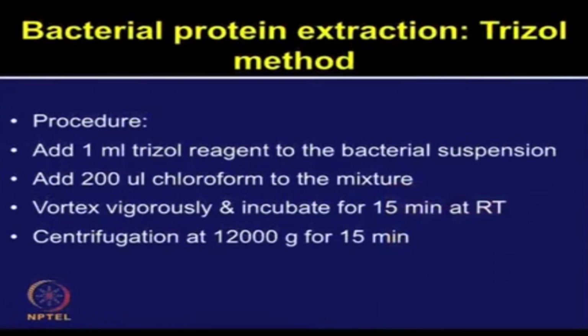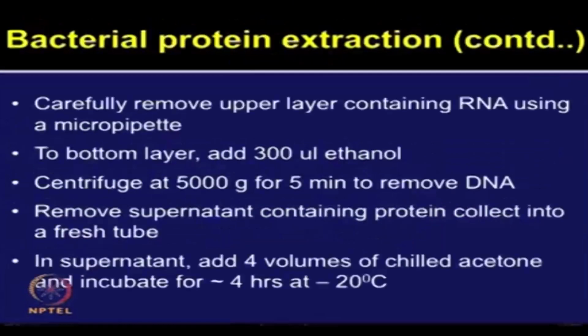Centrifuge the sample at 12,000 g for 15 minutes. After the centrifugation, remove the upper layer which contains RNA, and to the bottom layer you can add ethanol. Again you need to centrifuge, at 5000 g for 5 minutes. This step will remove any DNA contamination.